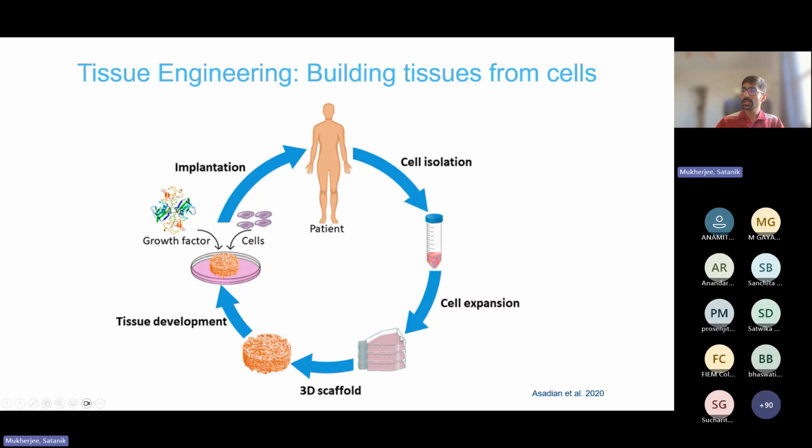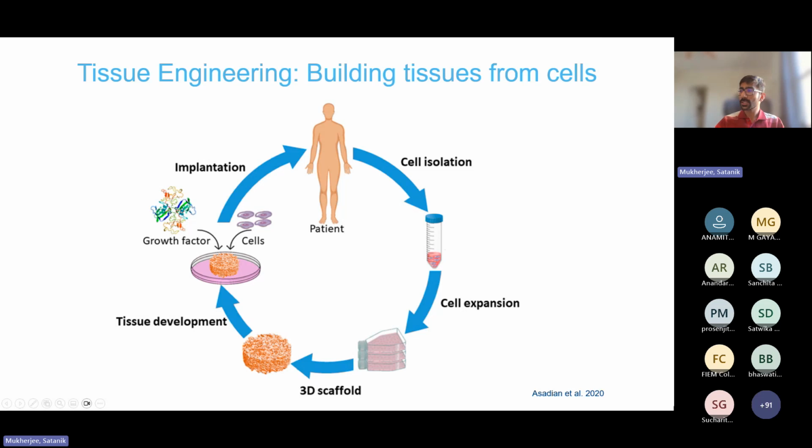And then these cells, whether it is chondrocytes or some stem cells that can then differentiate to chondrocytes, after they are expanded, are then seeded in what is called a scaffold. So a scaffold is basically a structure where you embed the cells, and it gives mechanical support to the cells to start regenerating their own matrix.